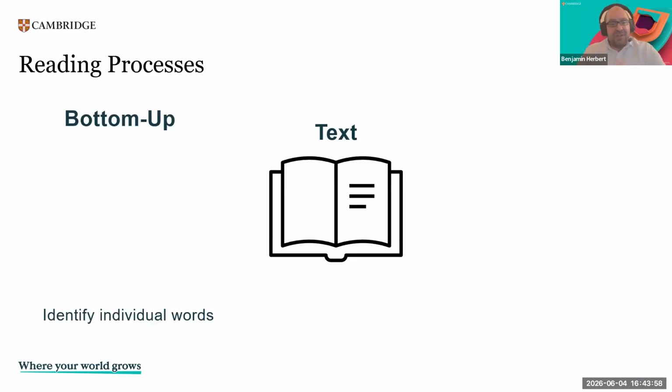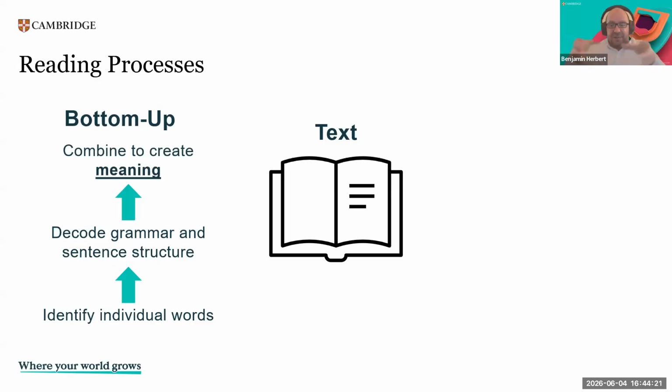With bottom-up processing, a reader, in this case one of your learners, a candidate, would be able to identify individual words, maybe even needing to decode them from individual letters. By identifying the individual words, they should be able to decode the grammar and sentence structures in the text, and by doing this, they combine all of this information to generate their understanding of the text as a whole. So the idea is that meaning can be determined through the understanding of individual words.